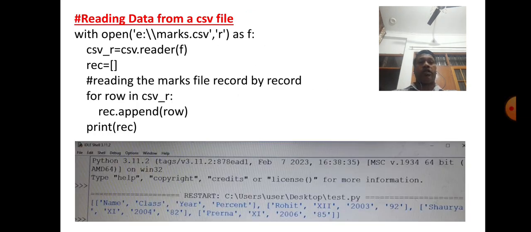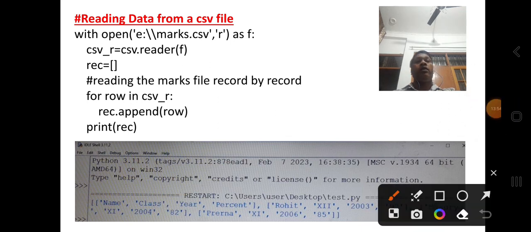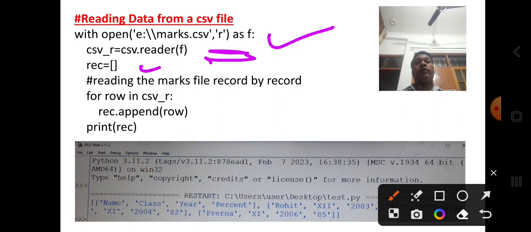Reading data from a CSV file. Again, if we want to read data with open and file object is created, file object name is f. Here CSV reader object is created, and rec is the blank list. Reading marks file record by record. If you want to read data line by line, means record by record, then you can use for loop: for row in CSV reader object. csvr is the CSV reader object, and rec.append(row).